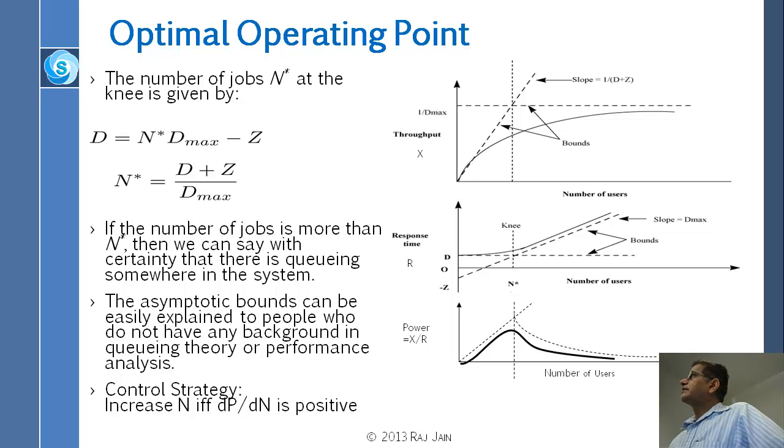In this part, response time is constant, and therefore power is going to go linearly up. In this part, where throughput is constant and the response time is going up linearly, you're going to have a 1 upon N kind of graph. So this is the power, and the power is maximum at the knee.